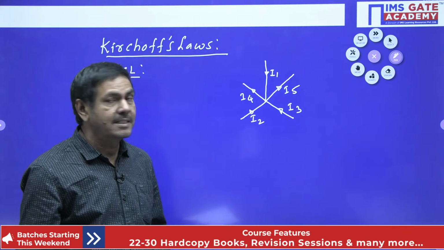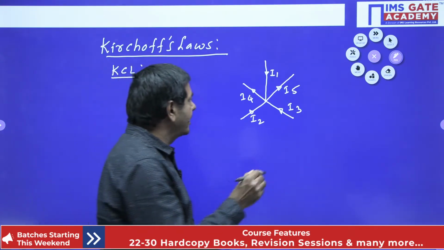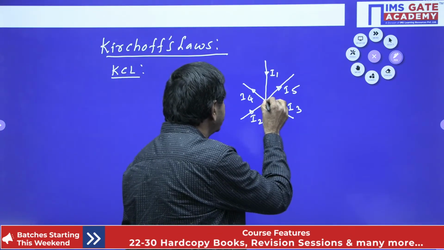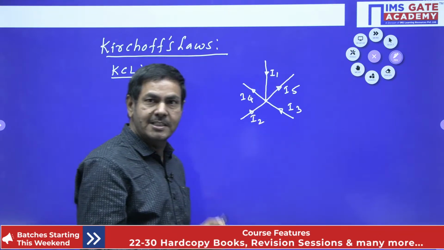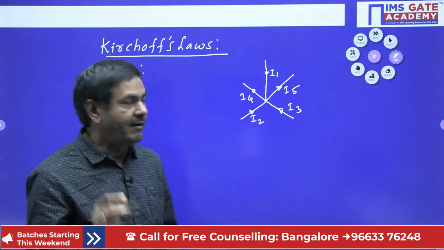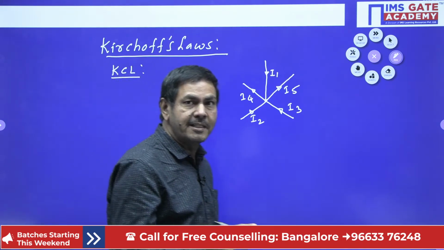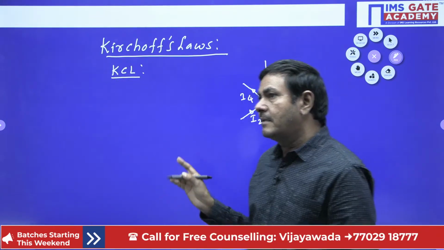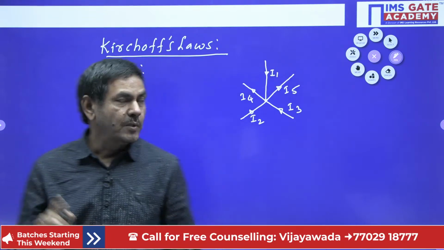It says the algebraic sum of currents meeting at the point of this junction is equal to 0. Not only this junction, any junction in the network, if taken, becomes 0.